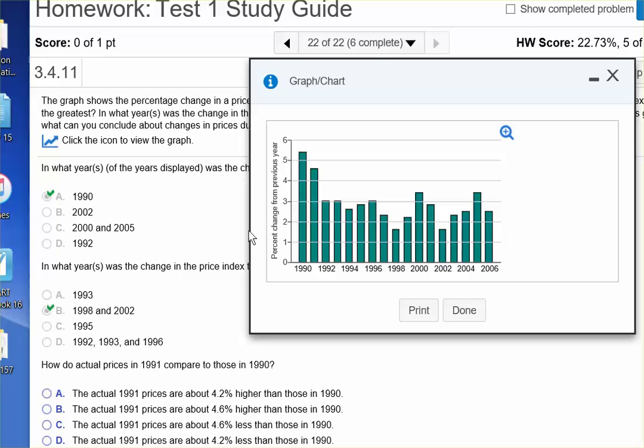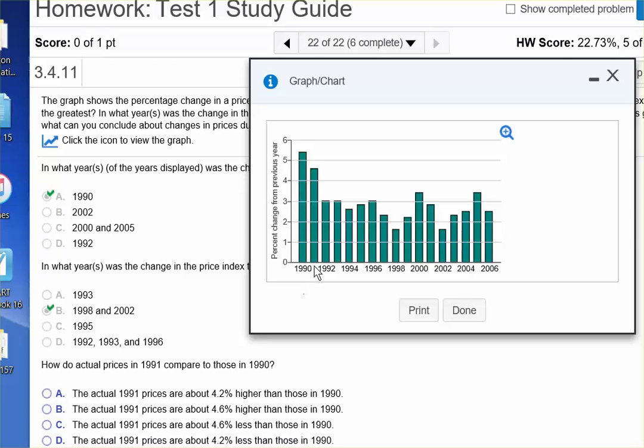It says, how do actual prices in 1991 compare to those in 1990? So we're looking at these 2 years. So in 1990, from the previous year, it shot up 5.5%.